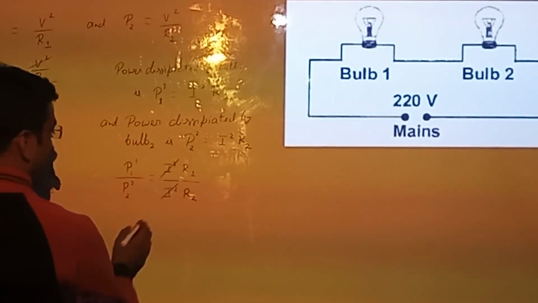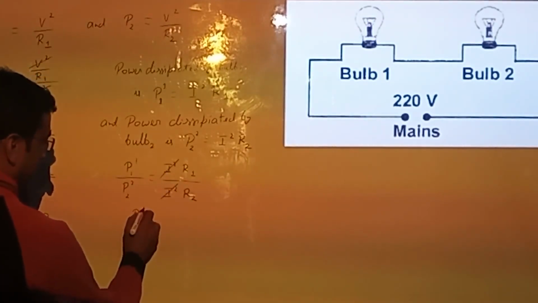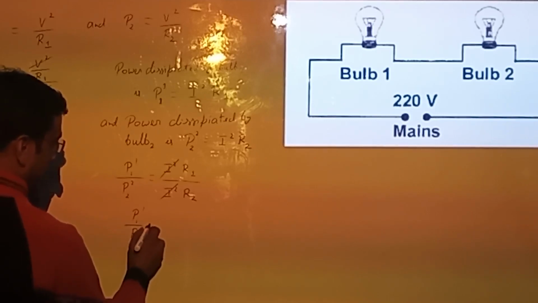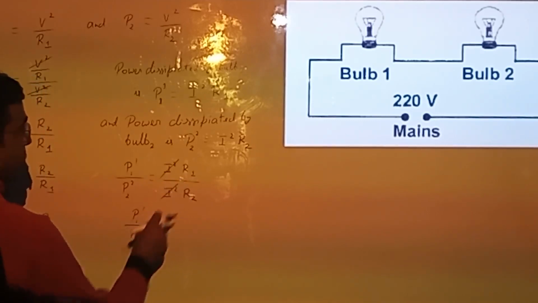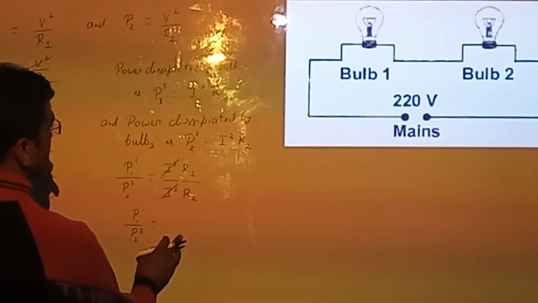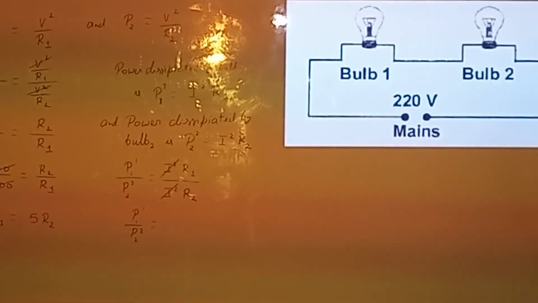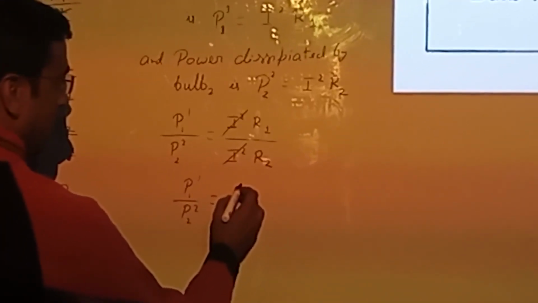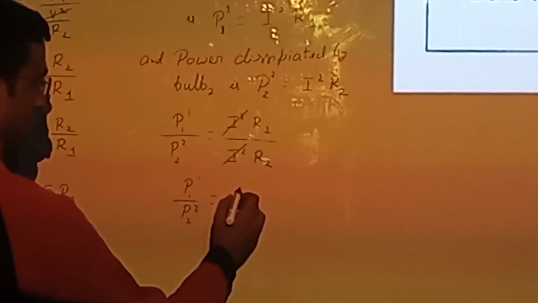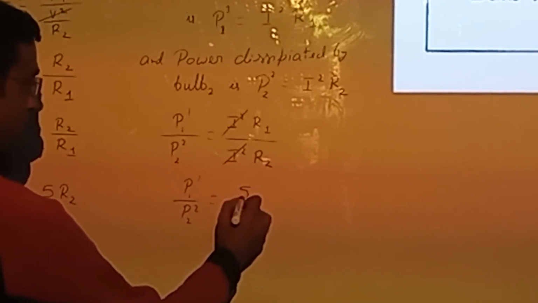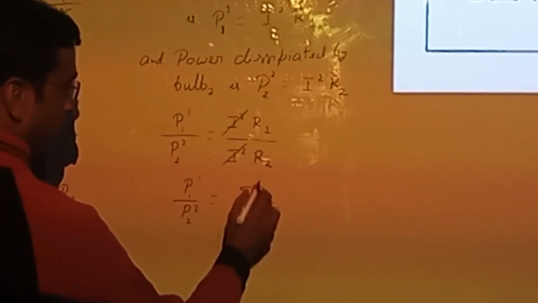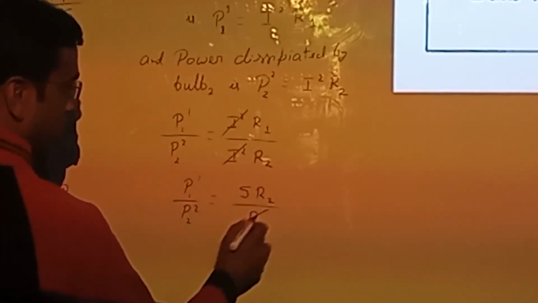I is cancelling here. The value of R1 is 5 times R2, so in place of R1 we put 5R2 upon R2.